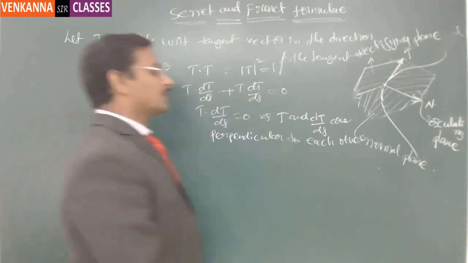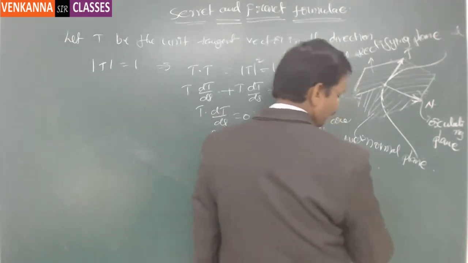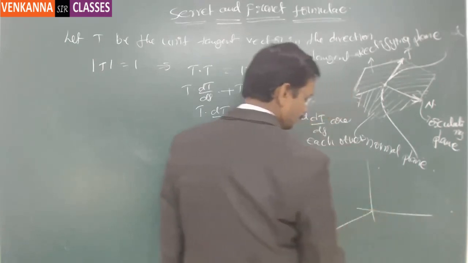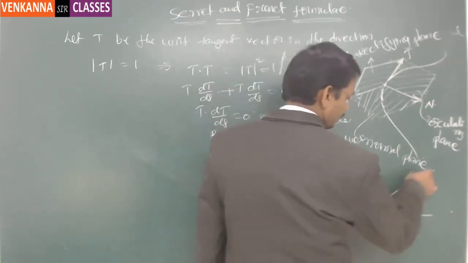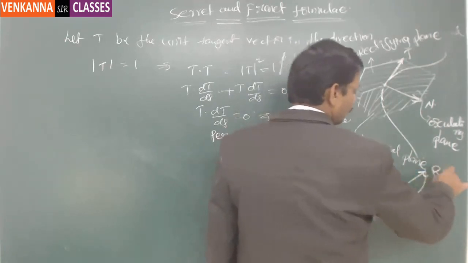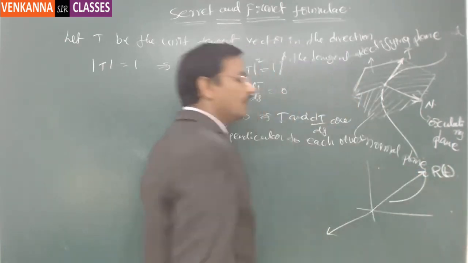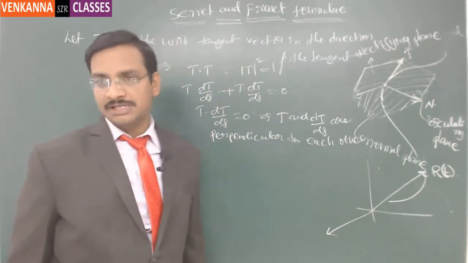In case of a curve in space, let us say this is the curve, and this is the position vector r of t. Now we are talking about the movement of a particle in 3D space.